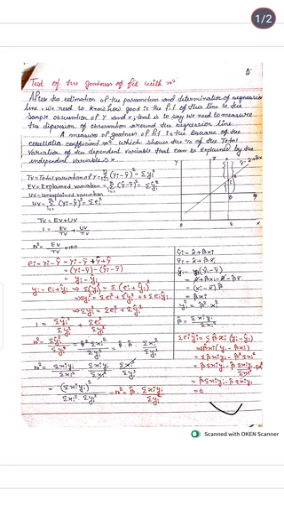From where we get beta hat is equal to sum of xi yi divided by sum of xi square.